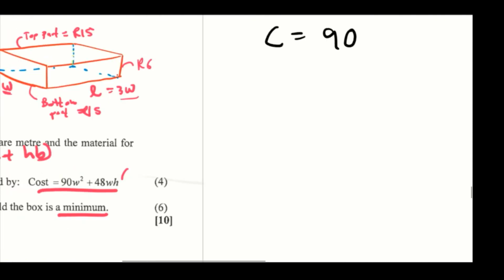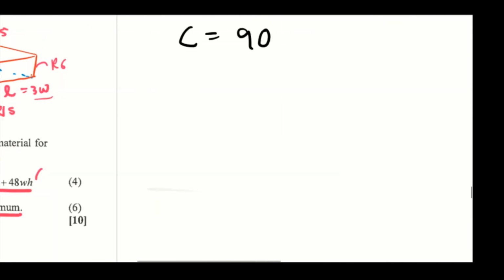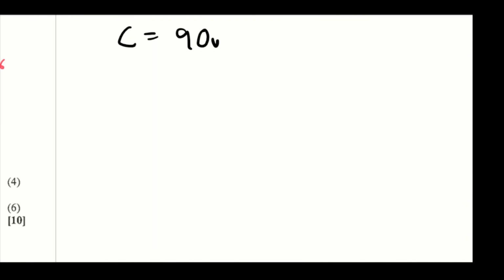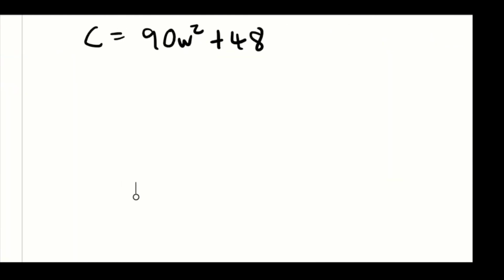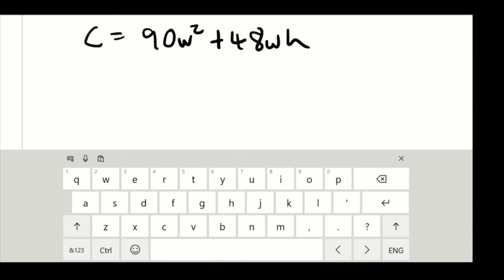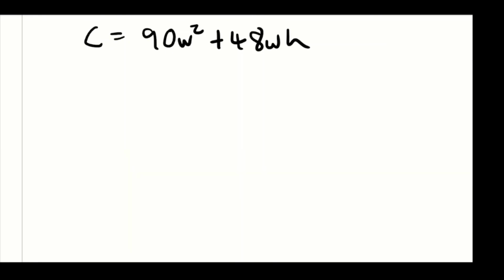We have the cost being equal to 90W squared plus 48WH, right? But H, we need to remove it.